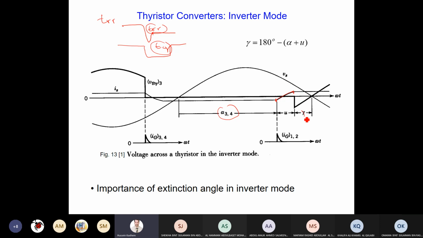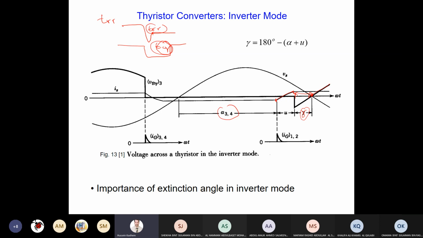So this gamma, from this point to this point, is supposed to be larger than TQ to say that thyristors 1 and 2 are now off. Otherwise, if we reach this point and it is not off, the voltage becomes positive and thyristors 1 and 2 conduct again. Why? Because they're not off yet, so they do not need a triggering angle. We lose control here if we don't consider this in inversion mode.